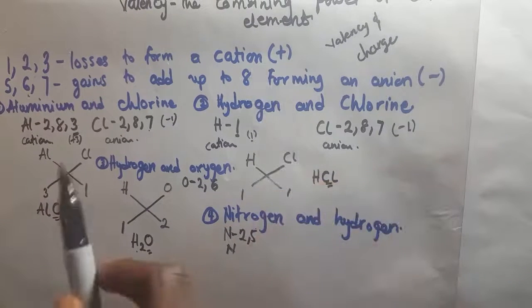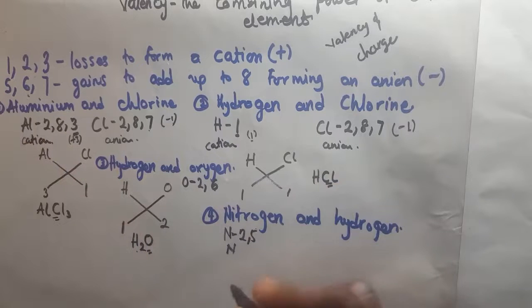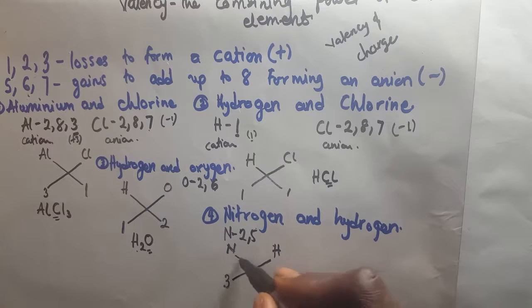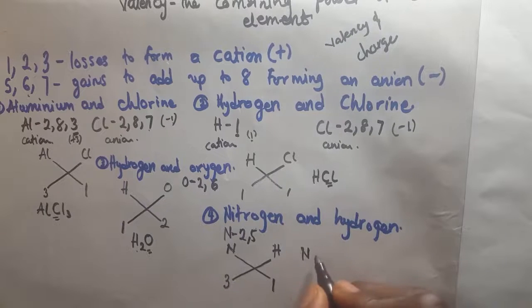Since nitrogen has 5 electrons on the outermost shell, it's going to have -3 as a charge. So if it has -3 as a charge, the valency is 3. Then hydrogen we know to be 1. So we exchange. We're going to have NH3. So anytime you exchange, you place the number as a subscript just beneath the element. Now when it's 1, you realize that I never wrote 1 by any of them.